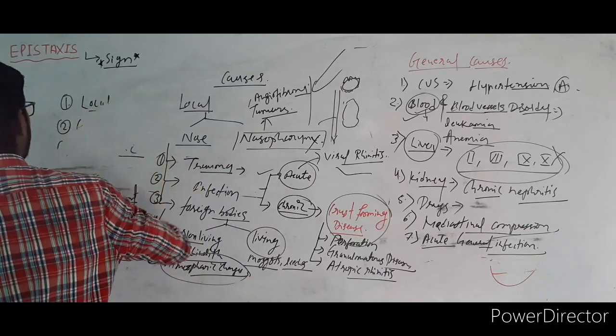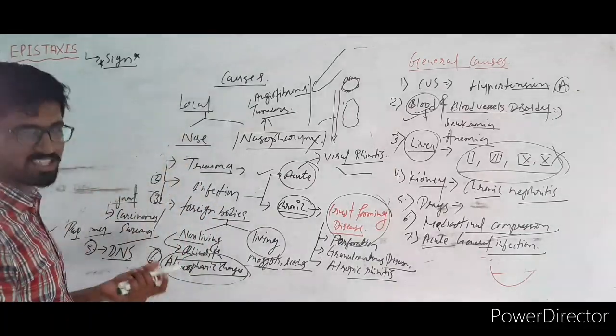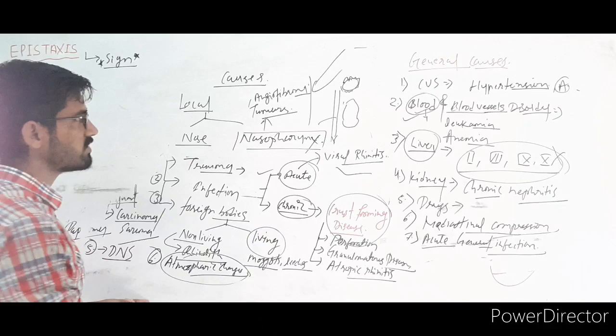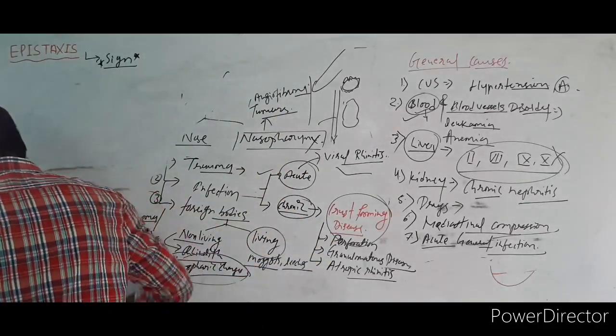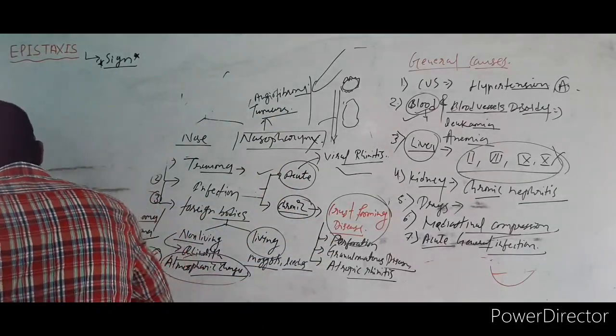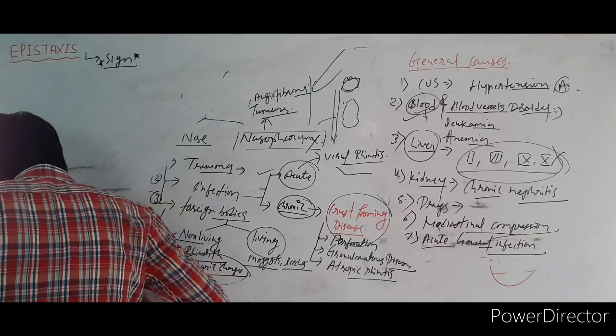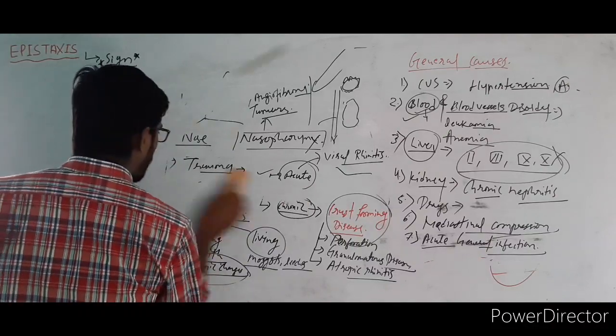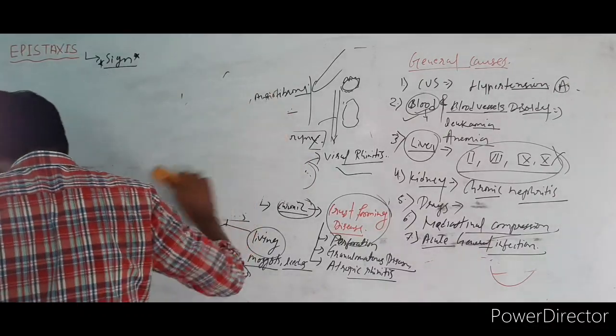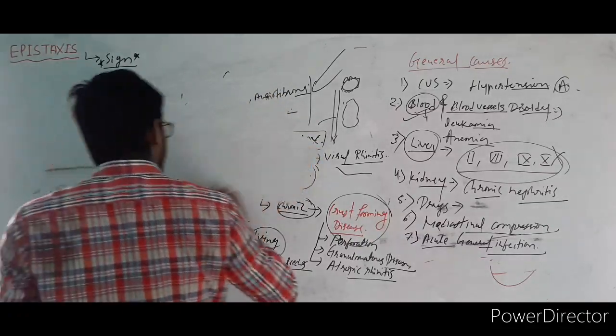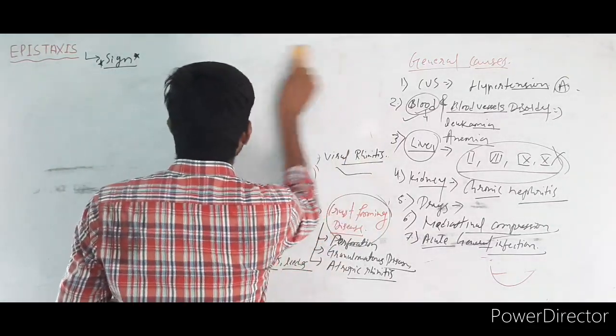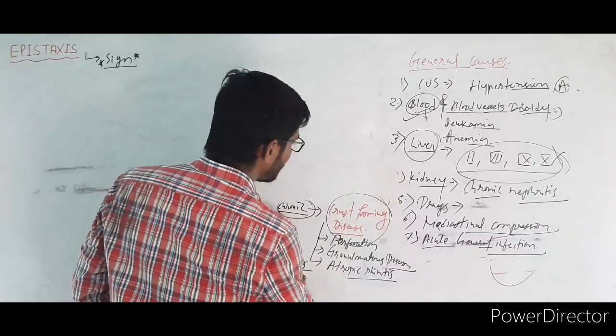Can you tell me some idiopathic causes? Idiopathic means there is no cause. Acute general infections include influenza, measles, chickenpox, dengue, whooping cough, rheumatic fever. So these are the causes.